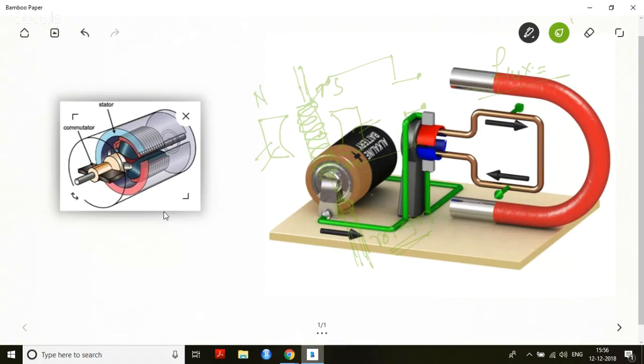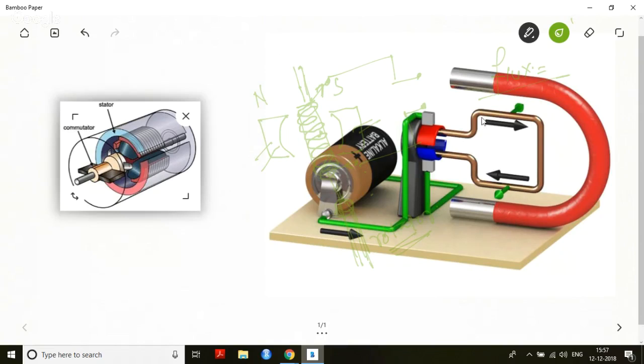Now what happens? If it is connected to any particular energy source, in this case a battery, what happens when the circuit gets completed? A current will start flowing through this conductor. Suppose I name it ABCD.